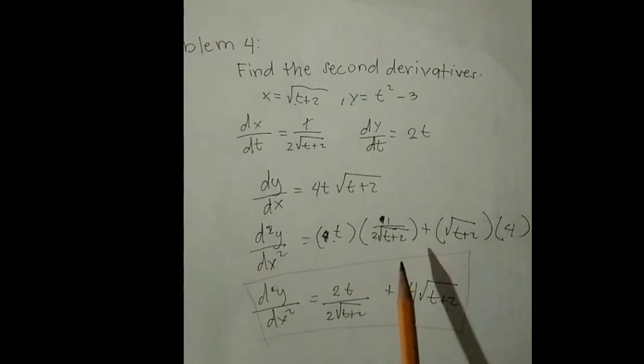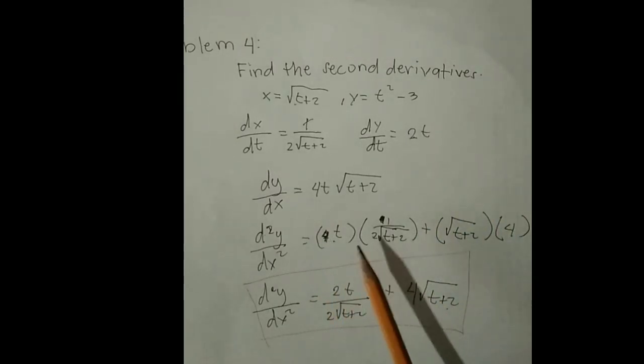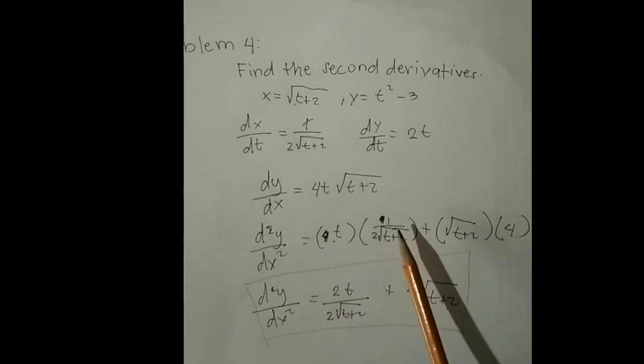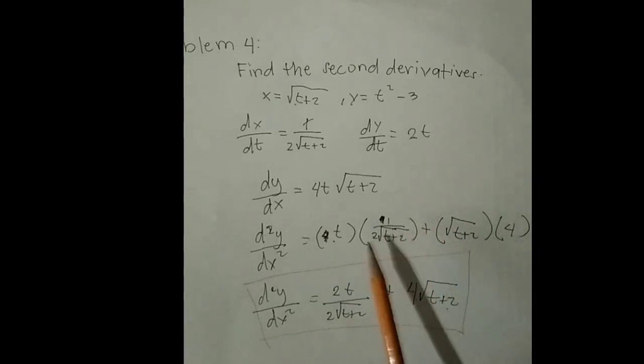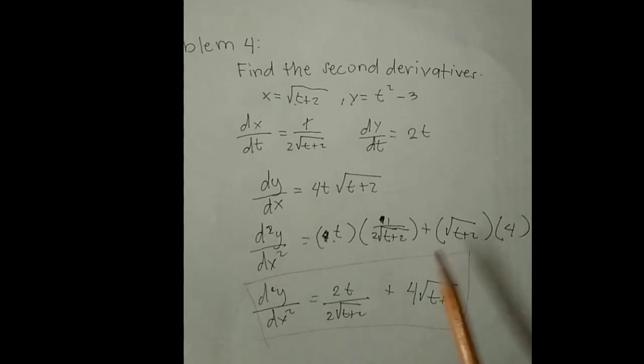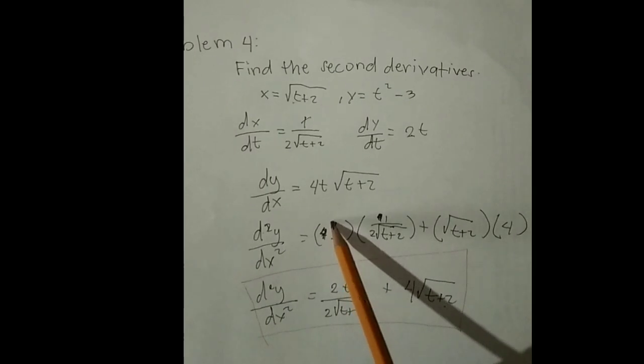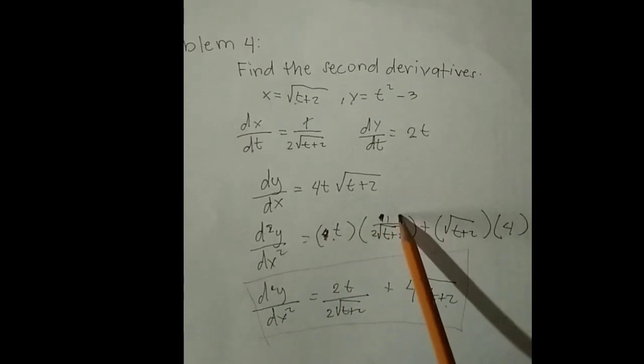So next we're going to use the FOIL method. 4t times 1 is 4t, divided by 2 is 2t. That's why 2t over 2 square root of t plus 2, then plus 4 square root of t plus 2.